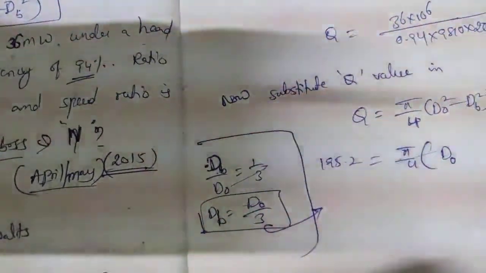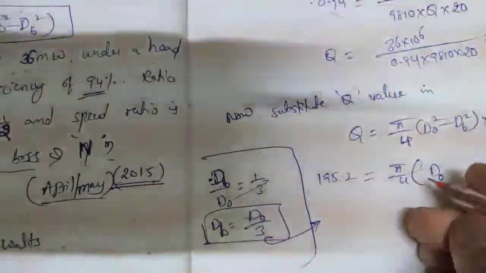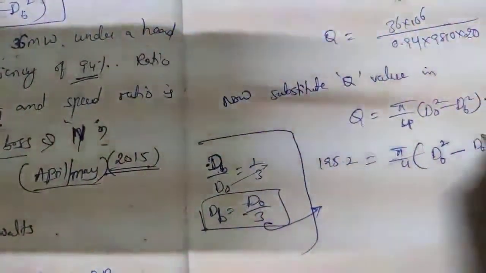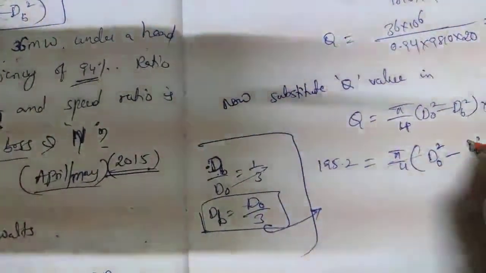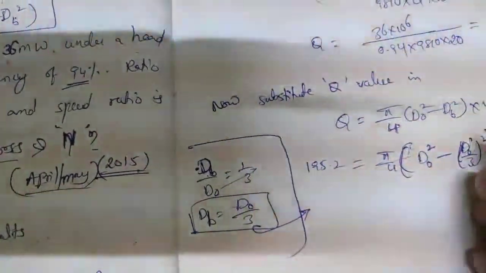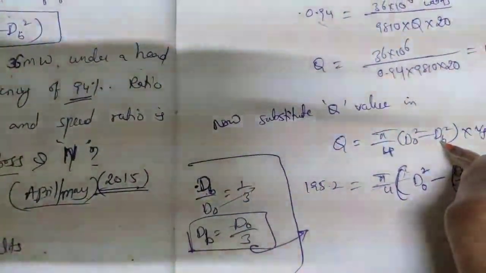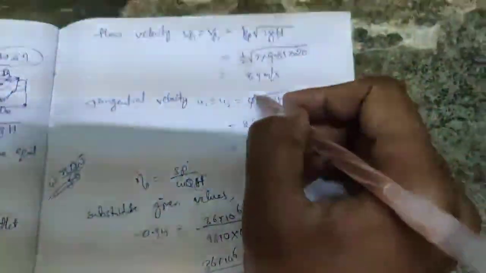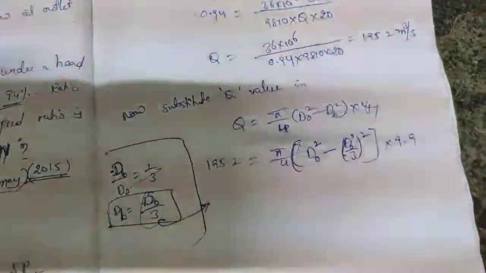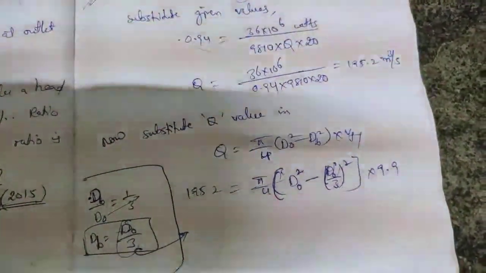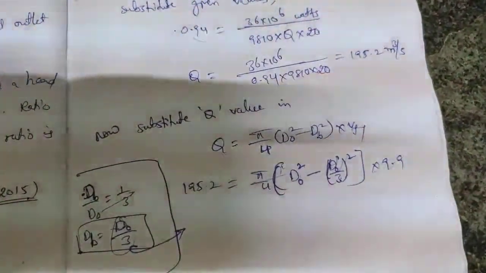D naught square minus dB square means d naught square minus d naught by 3 whole square, and Vf1 is 9.9.